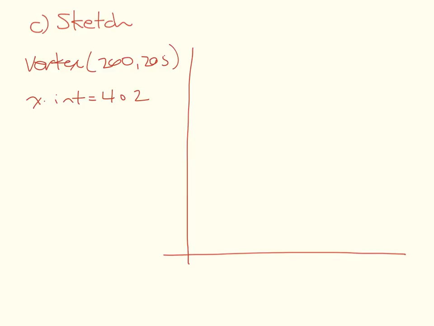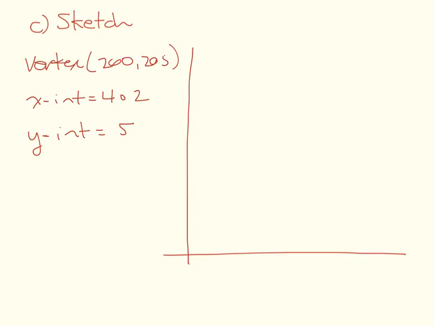But we won't sketch any of the negative values because they don't make sense for this question. And we can also calculate very quickly our y-intercept. If you plug x equals 0 into the equation, very quickly you'll see that the y-intercept is 5.